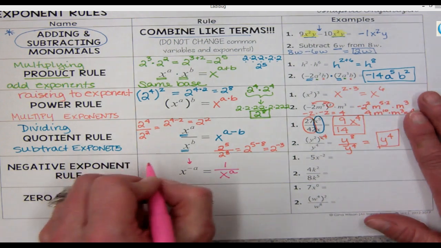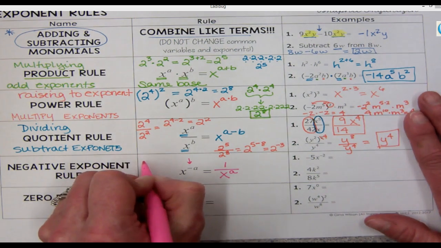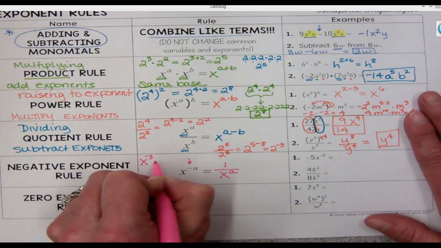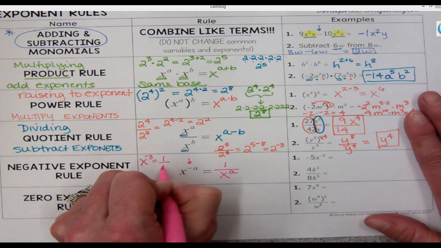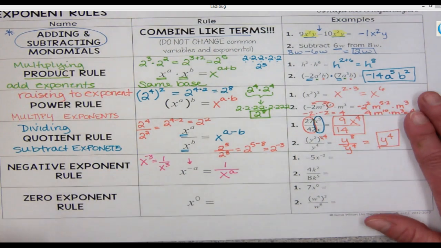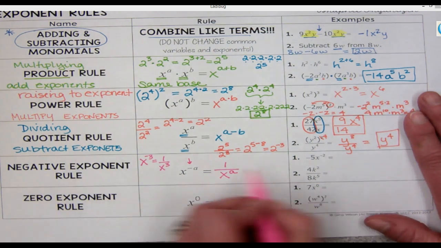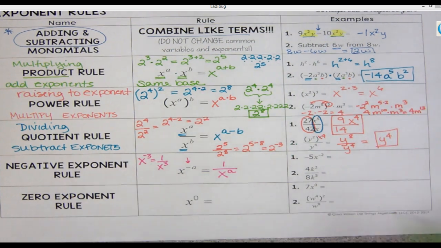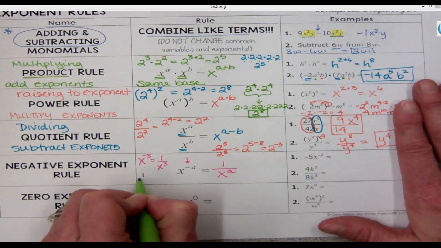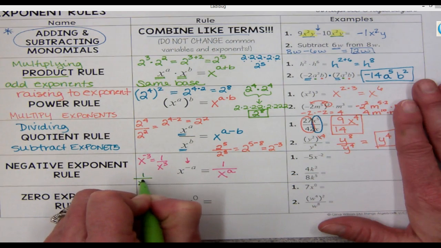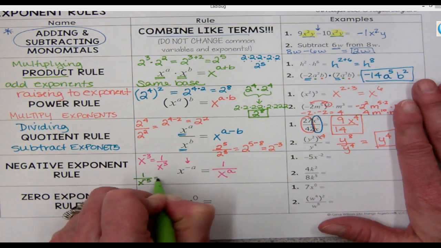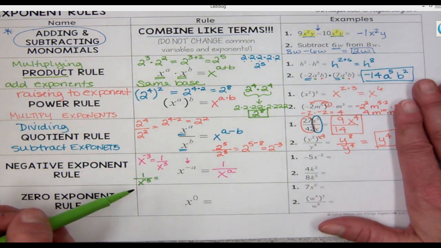So the same thing would happen if I had x to the negative 3, that would be 1 over x to the 3. The 3 becomes positive. If I had, for an example, 1 over x to the negative 5, now he needs to be flipped.